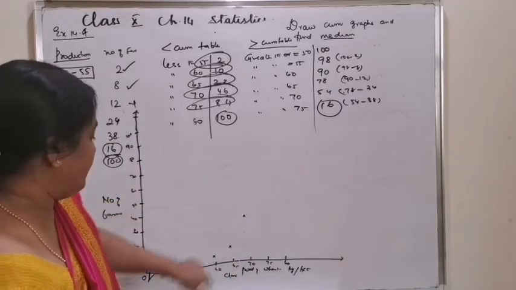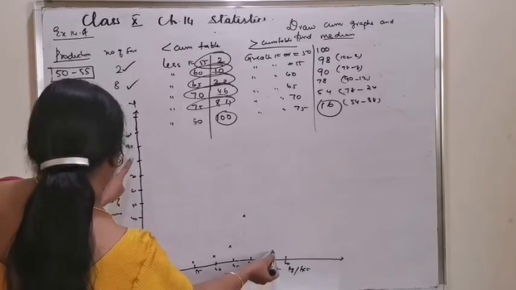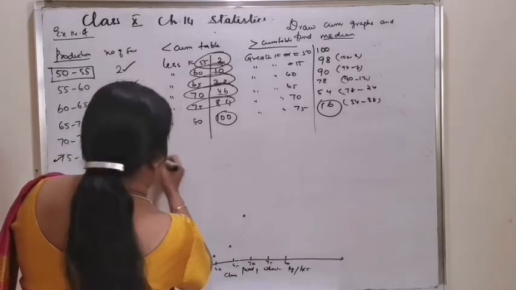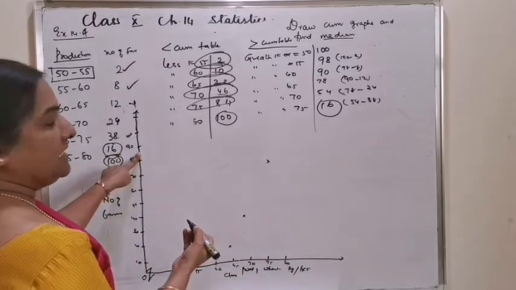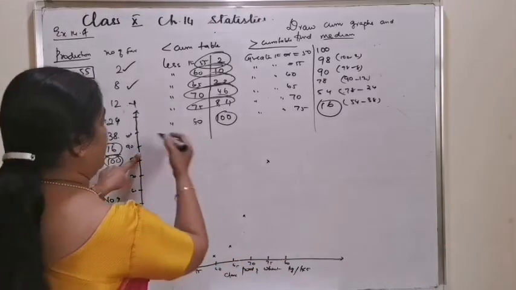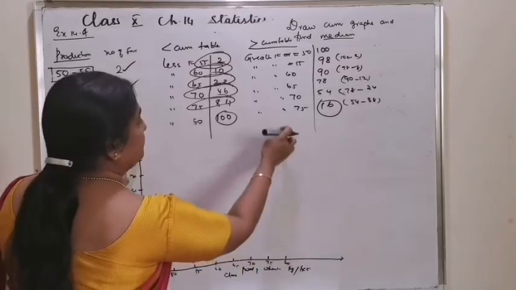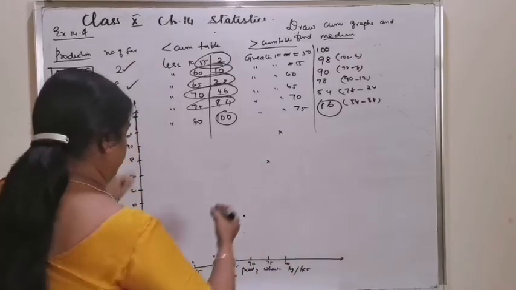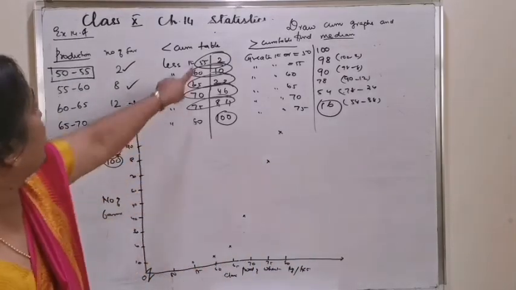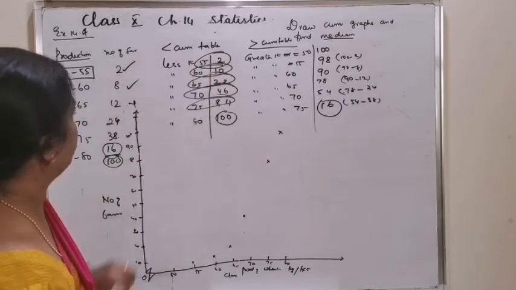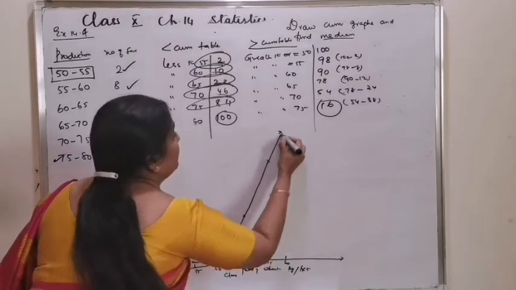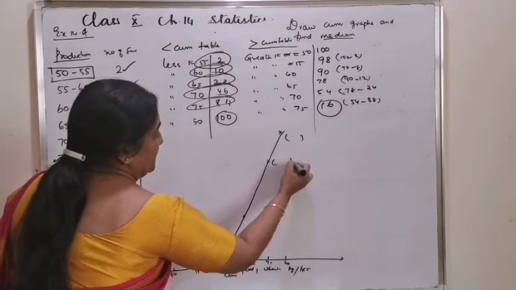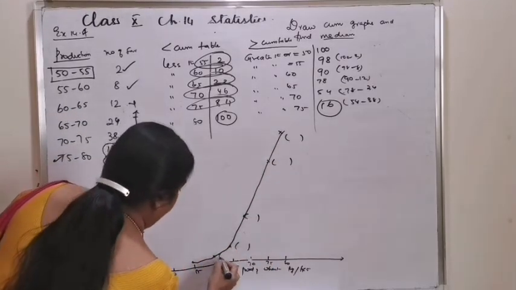Then 75, 84 approximately. 80 with 100. So it's a rising curve. The points should be plotted here.